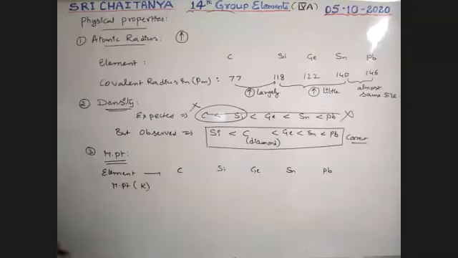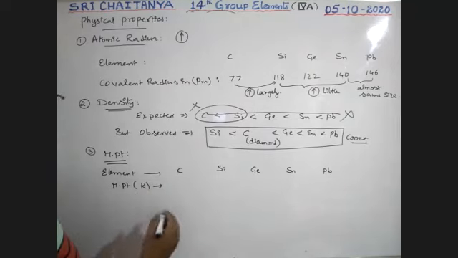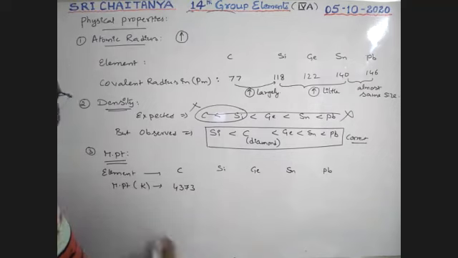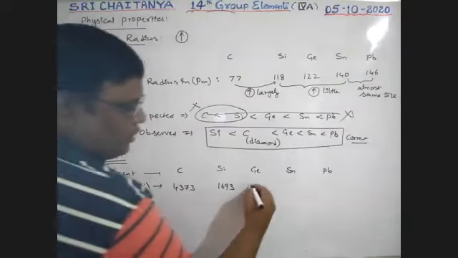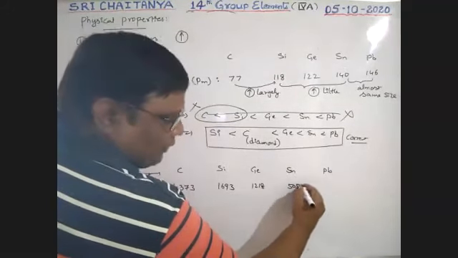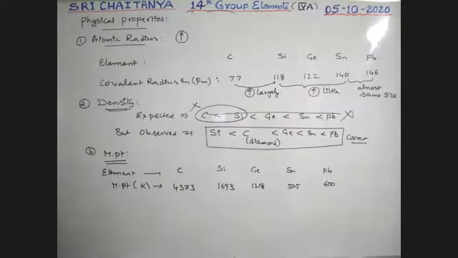No need to memorize these values, boys. Please identify which one has the highest and which one has the least. Carbon has a very, very high melting point, 4373 Kelvin. Silicon 1693 Kelvin, germanium 1218 Kelvin, tin 505 Kelvin, lead 600 Kelvin. These are the melting points, boys.